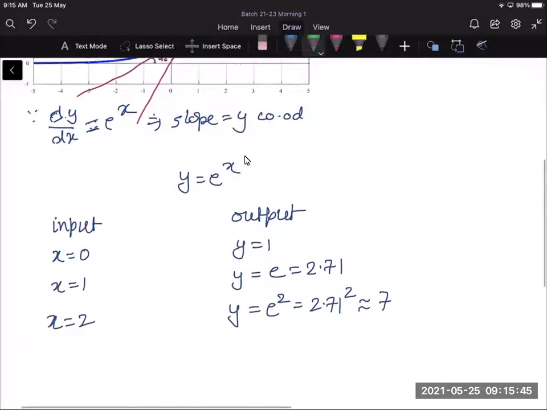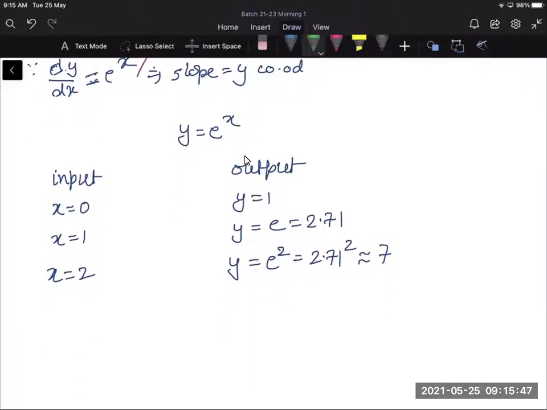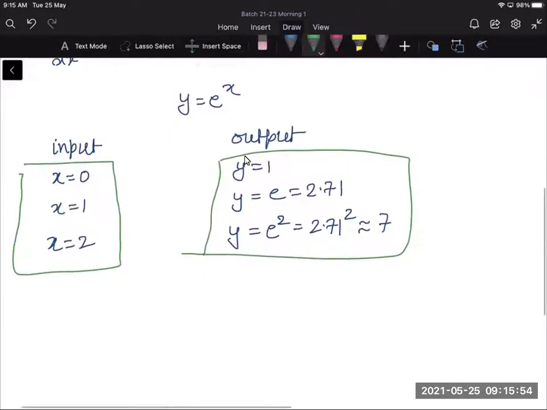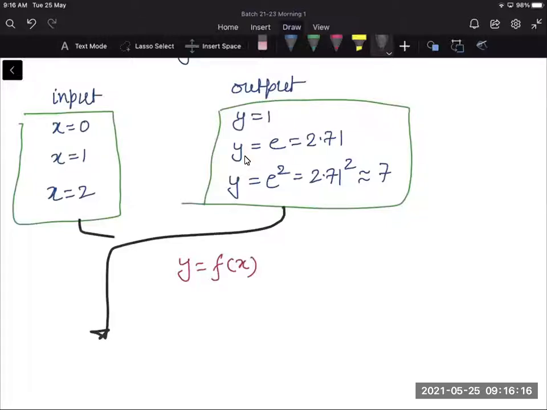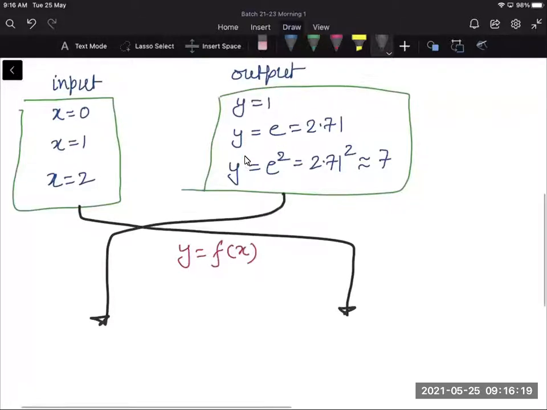So now what I want is, is it possible that I have another function, y equal to some other function, such that the input to that function is this, and the output of this function is this?